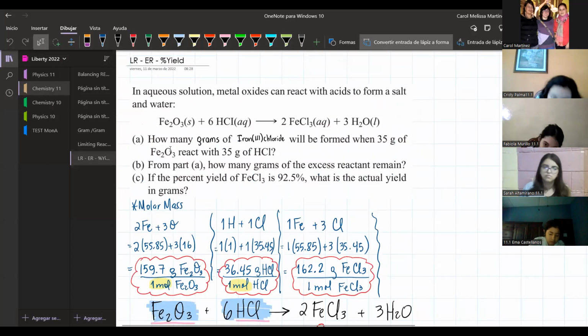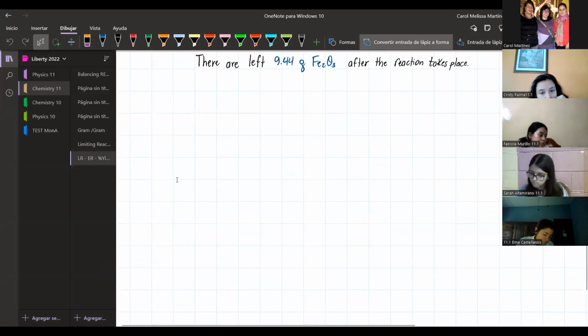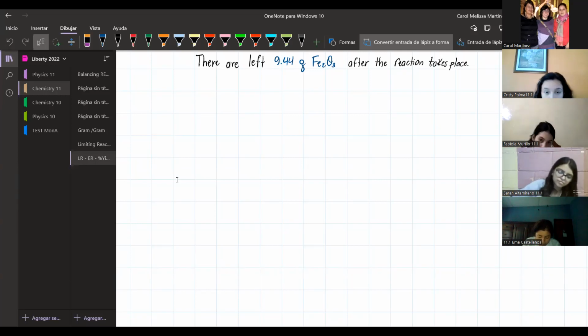The last question says, if the percent yield of iron 3 chloride is 92.5%, what is the actual yield in grams? Now in part C, they're asking me about the percent yield. They are giving me the percent yield and they're asking me for the actual yield.